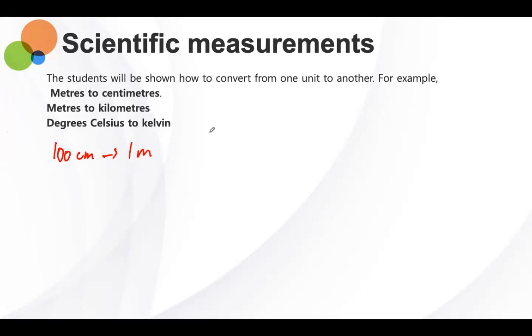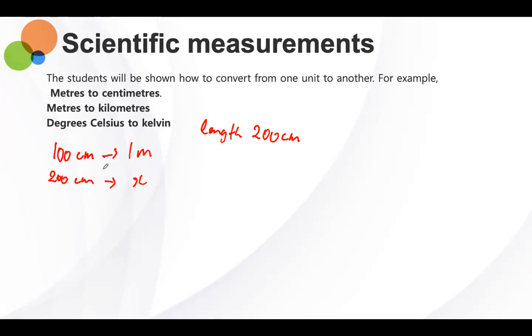So say we measured the length as 200 centimeters. We would put 200 below the centimeters, and then we want to find it in meters, so we place X here. It would be 2 meters, but let's just go through it.